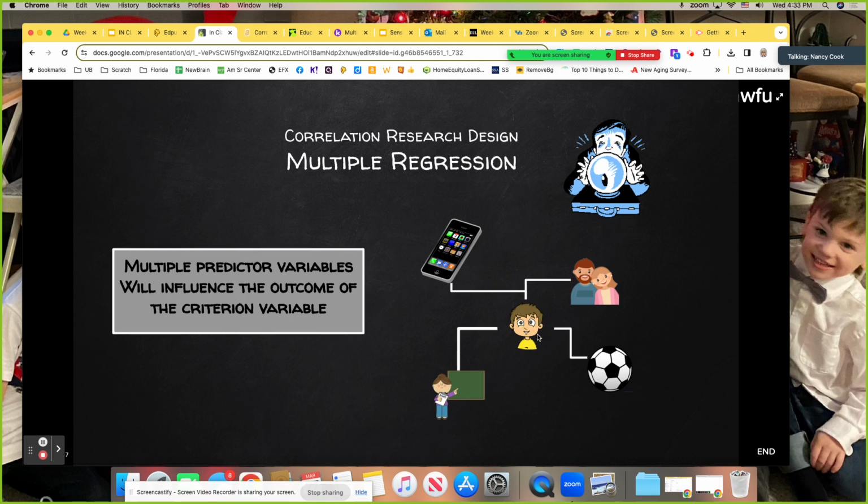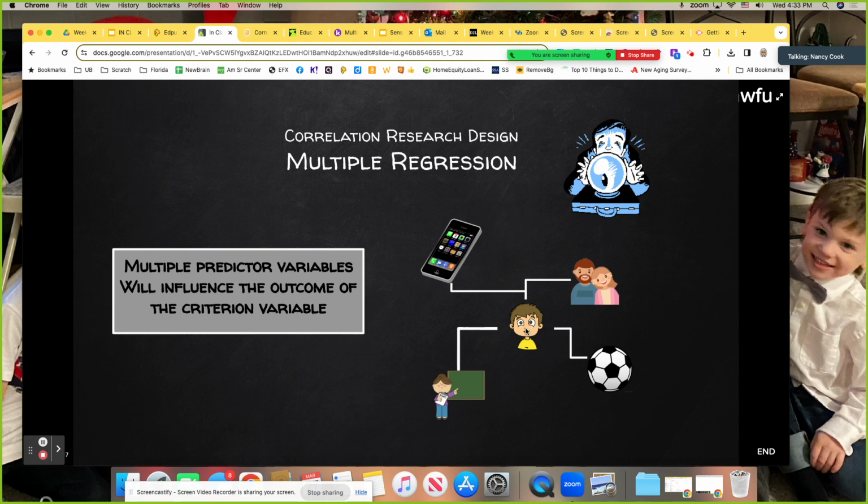So let's think of the student right here, and we're looking at his grades. What might affect his grades? We might say his time on his phone or his mobile devices, his relationship with his parents, his activities like soccer, and his teacher. All of those might affect his grades.